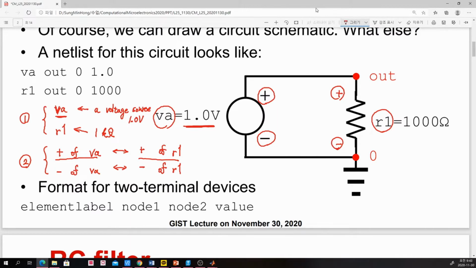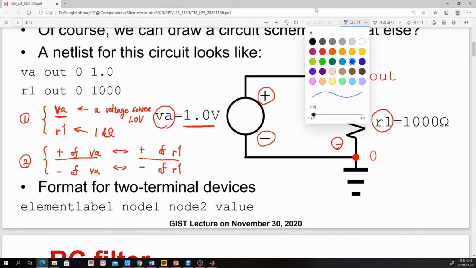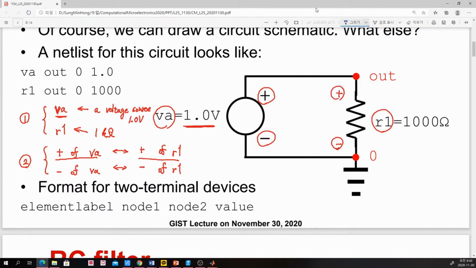So it sounds good. However, in reality, we do not follow this kind of two-file approach. Instead of that, we just try to merge them into only one single file.